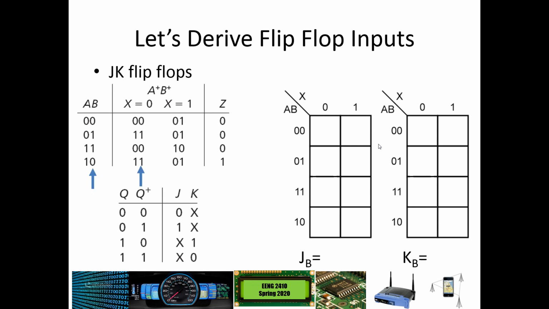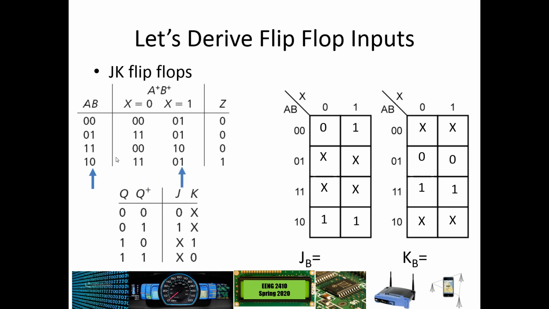Once again we're going to compare our current B to our next B here. So these are going to be the right columns in each of these sets, and so we have the logic that you see on your screen. 0 to 0 gives us 0x, 1 to 1 gives us x0, and then 1 to 0 gives us x1, and 0 to 1 gives us 1x.